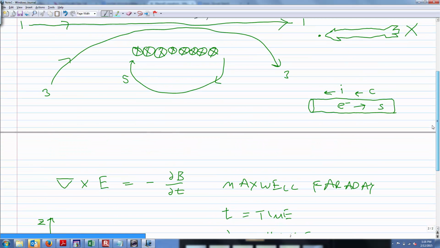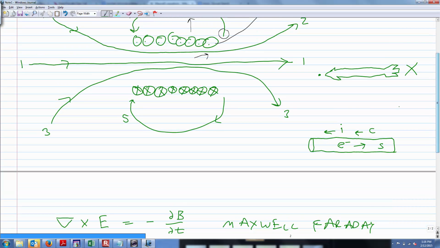I'm going to try to keep the gradient operator there on the bottom of the page, and I'm going to try to keep the picture up here on the top. So again, this E is how quickly voltage is changing.